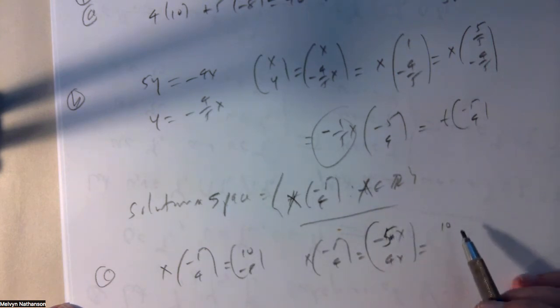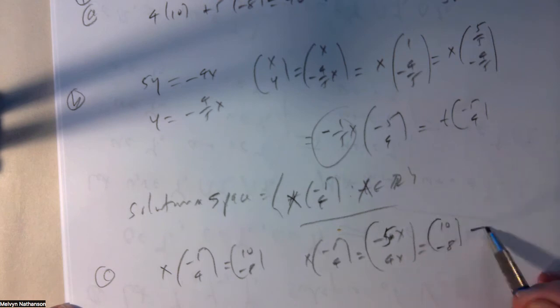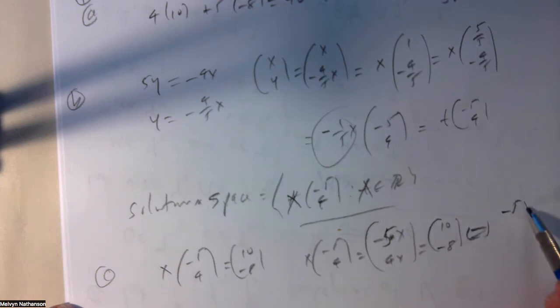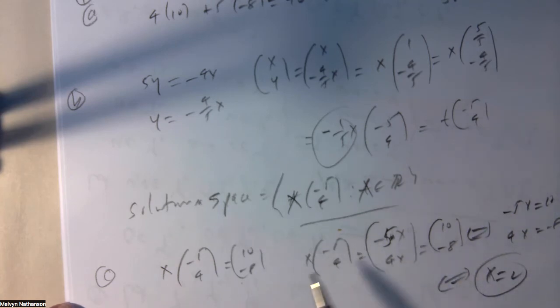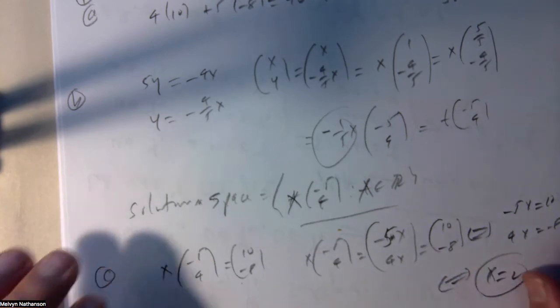And that equals the vector (10, minus 8) if and only if minus 5x equals 10 and 4x equals minus 8, which means x equals 2. So the solution of this vector equation is just x equals 2.